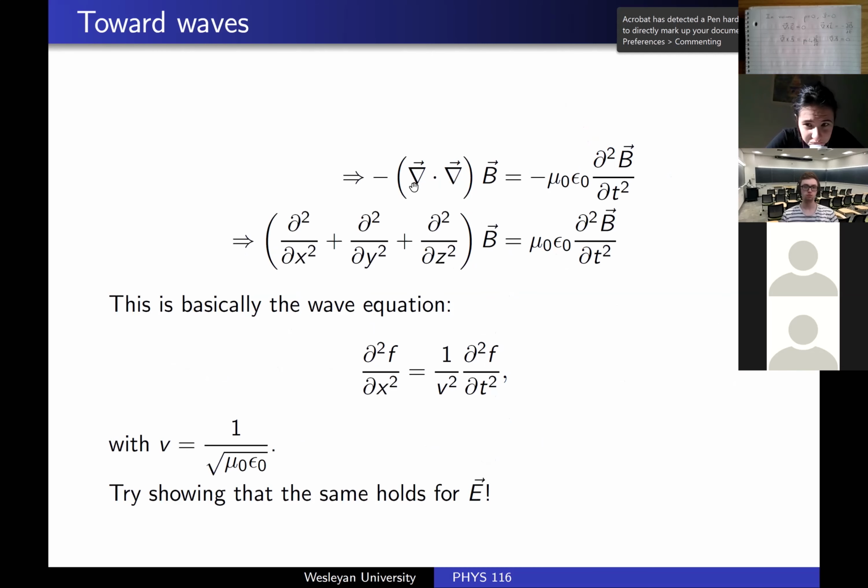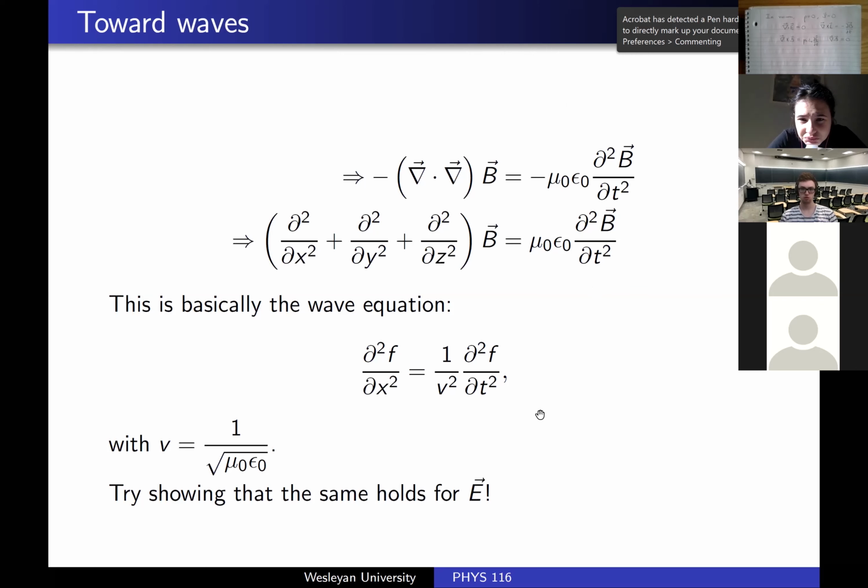Okay, and so this operator, it turns out once we get rid of the minus signs and all that, is the second derivative with respect to x plus second derivative with respect to y plus second derivative with respect to z of the magnetic field, which is equal to the second derivative of B with respect to t over here. But this is the form of the wave equation.